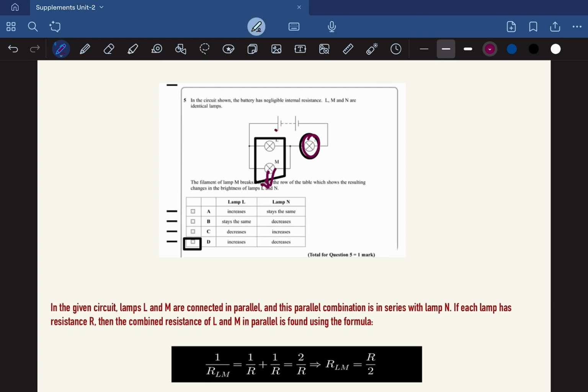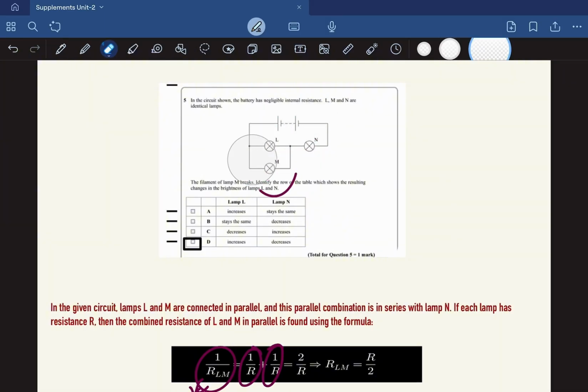So if we can figure out the resistance of this parallel section, 1 divided by R of LM is 1 divided by R plus 1 divided by R. Let's say all three of them have the resistance of R. So 1/R plus 1/R gives us the resistance of this parallel section, which is R divided by 2.